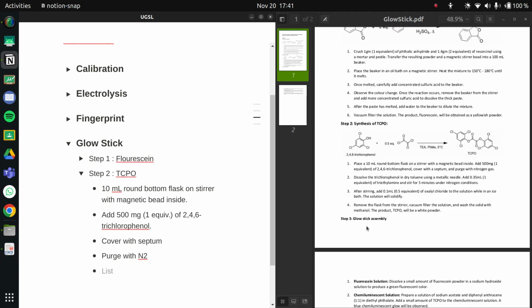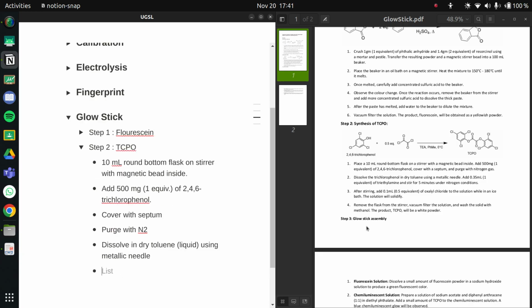Right. Then dissolve the trichlorophenol in dry toluene using a metallic needle. So this is going to be like a liquid, by the way. Metallic needle. Right, add 0.35 ml of triethylamine and stir for 5 minutes.